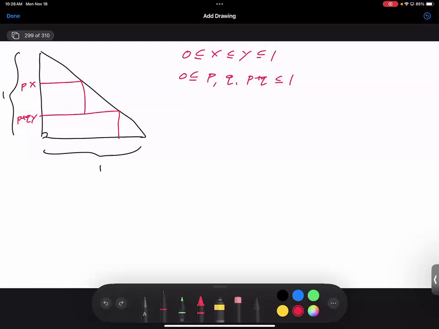So this triangle here is going to be P by Q, right? Because it's isosceles right, if this is P, this is P. And this side here is going to be P plus Q, and this is going to be 1 minus Q, I think.